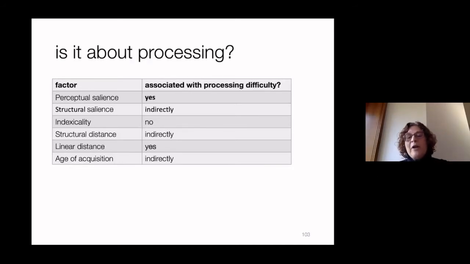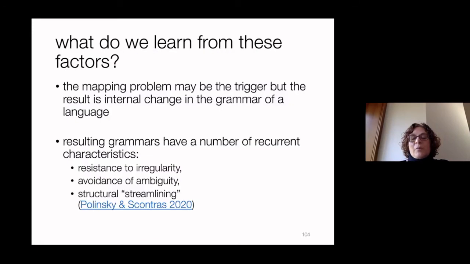So the point I want to make here is that the changes that we see in heritage grammars are not all about processing. Some of the triggers may be rooted in processing, but then you have deep changes that happen in grammars, which, although triggered by the mapping problem, are later due to the internal change in the grammar of the language.